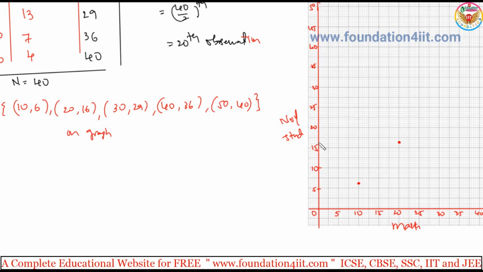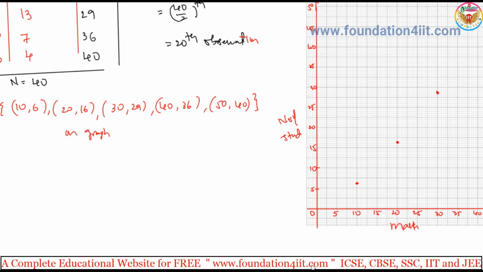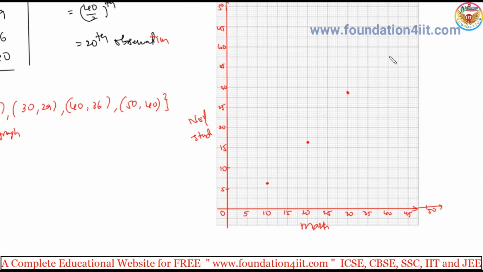And the next one is 30 comma 29, 2 millimeters from there. 40 comma 36, for 40 it is 36. 50 comma 40, approximately. Just you can join these points with freehand. You can just join from 0.